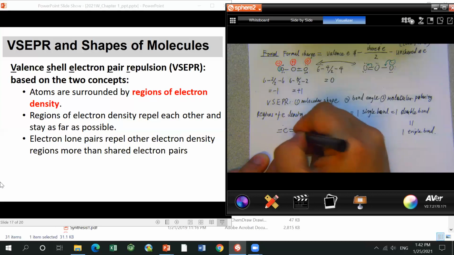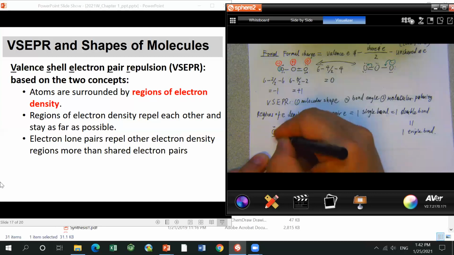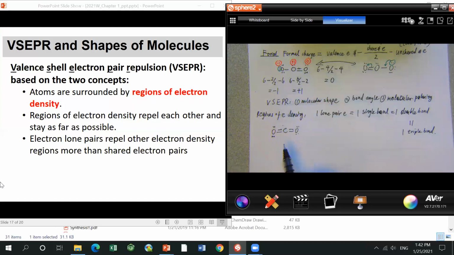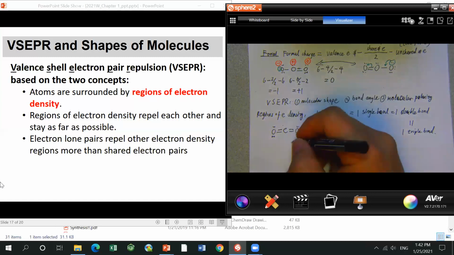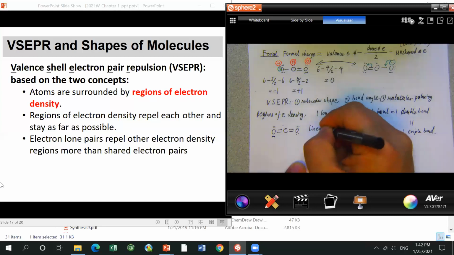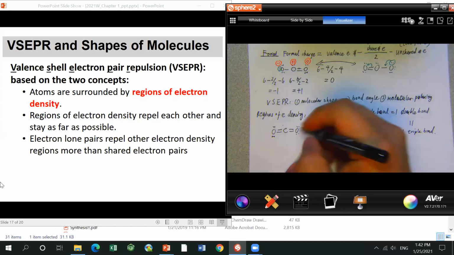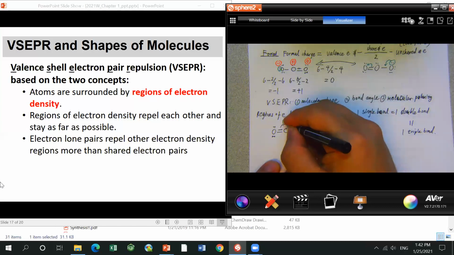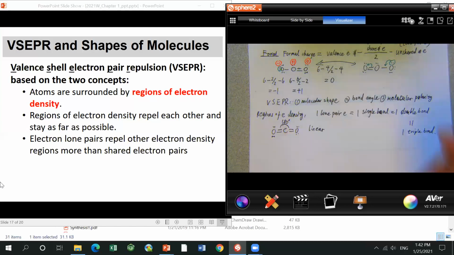The central carbon has only two regions of electron density, since a double bond counts as one. Two double bonds push away from each other, and eventually you get a linear structure, and the bond angle is 180 degrees.